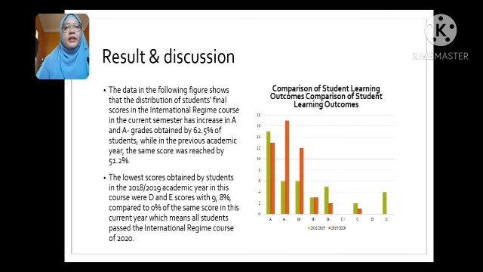The increase in the distribution of student final grade in the International Regime course with the cooperative model development method when compared to the acquisition of learning outcome in the previous academic year shows that the group investigation learning model development method is effectively applied to the learning process.